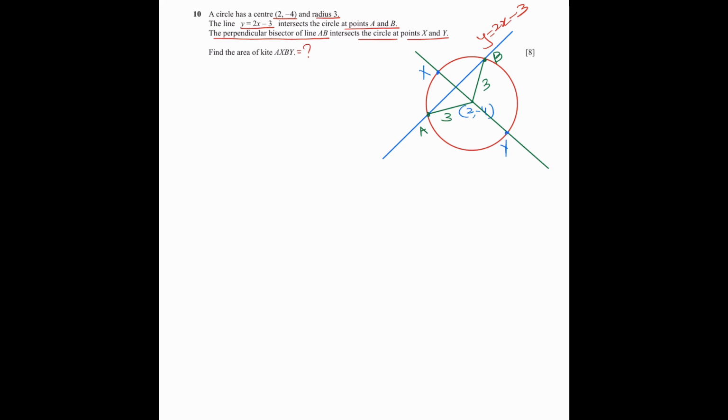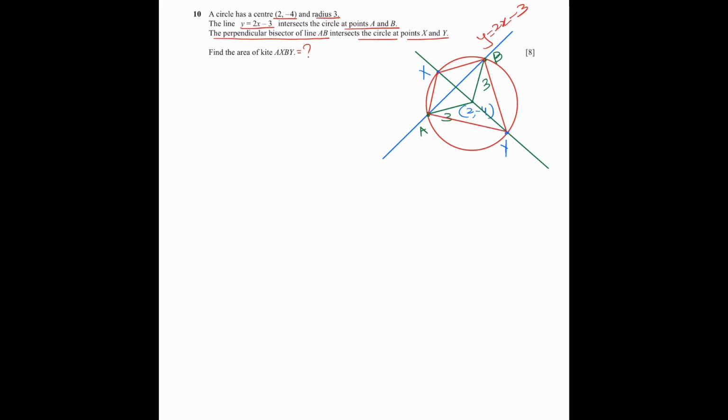Now, if you join A to X, X to B, then B to Y, and then A to Y, we have a kite.